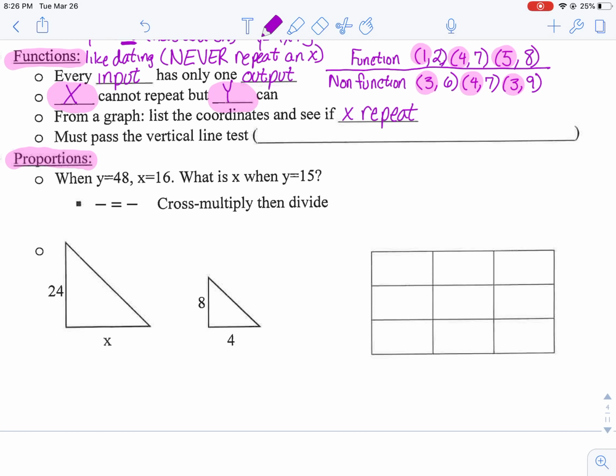We also talked about the vertical line test. The vertical line test says a vertical line, remember, vertical goes up and down, can only hit a function once.